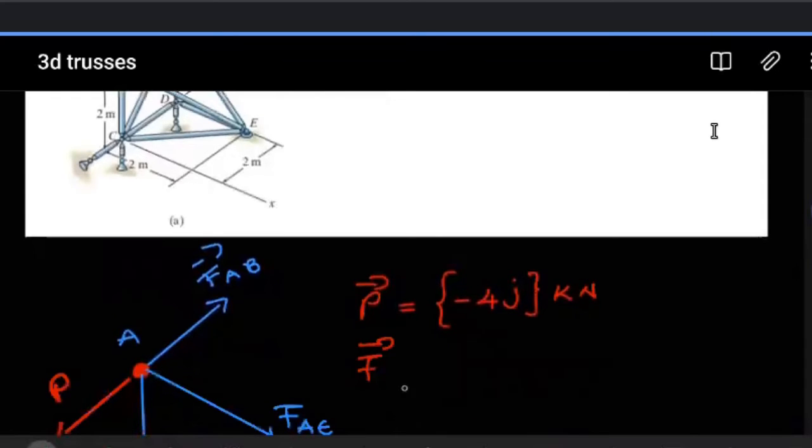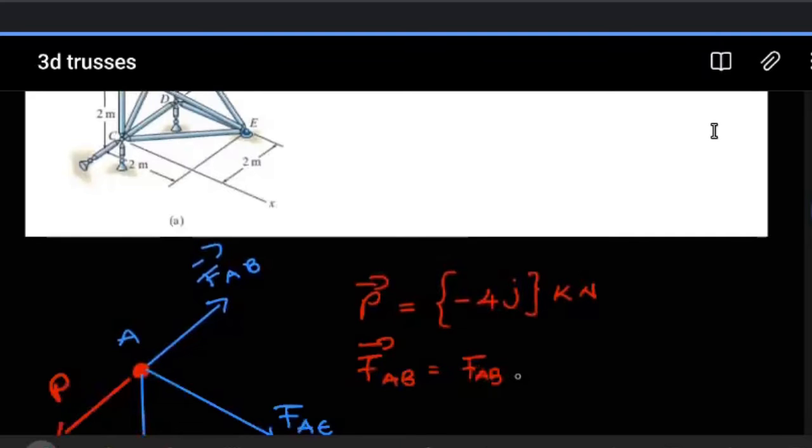For the force along the member AB, I'll present it in terms of the magnitude multiplying the unit vector. Since I have no clue what the magnitude is, I'll take it as just FAB. Notice that when I'm writing the magnitude only, I do not have the arrowhead on top. This is just magnitude without direction.